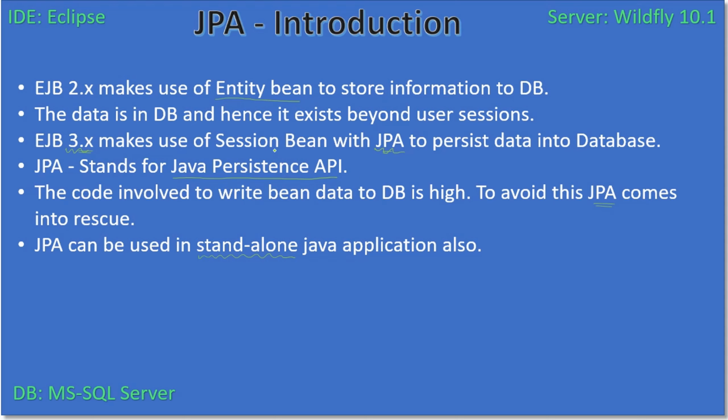So this JPA can be used with a standalone Java application, a desktop application, or in a web environment. The EJB and JPA gel together well. That's why in EJB 3.x, people see it as an alternative to the entity bean.